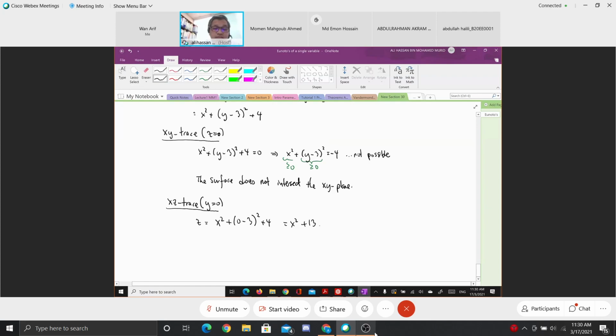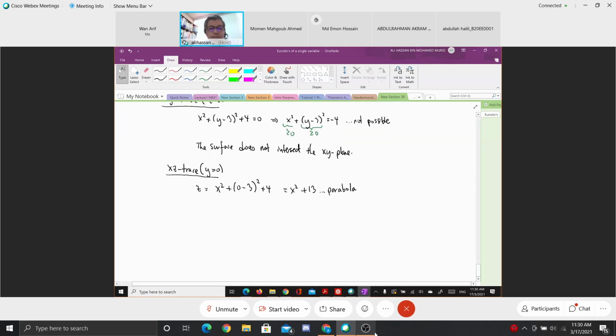Plus 13. So this is a parabola. So the surface intersects the xz plane in a parabolic way. So the curve of intersection of the surface with the xz plane is a parabola.